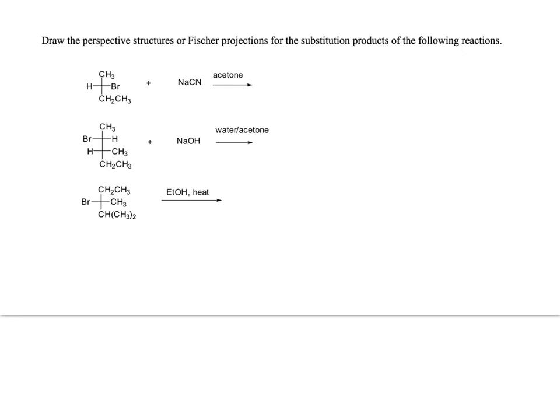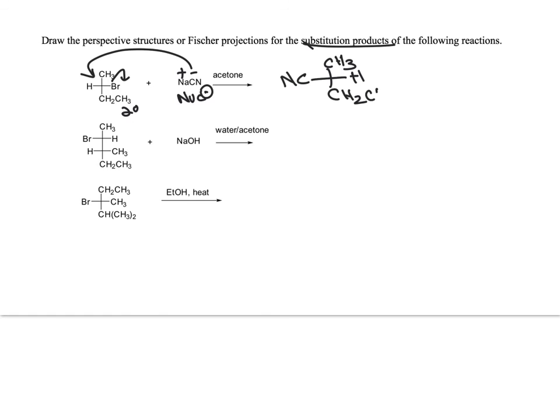The last problem here is to draw the substitution products of the following reactions. So these are Fischer projections, and this is a strong nucleophile, great nucleophile, and this is a secondary alkyl halide. So you're going to get backside attack, and with these Newman projections, you just draw the hydrogen now on this side, nitrile on this side, and so you can see here's your nucleophile. It always attacks your electrophile, and your electrophile is this carbon right here.